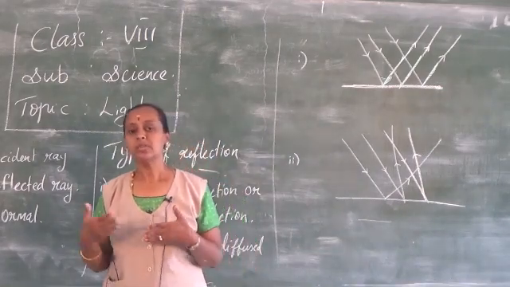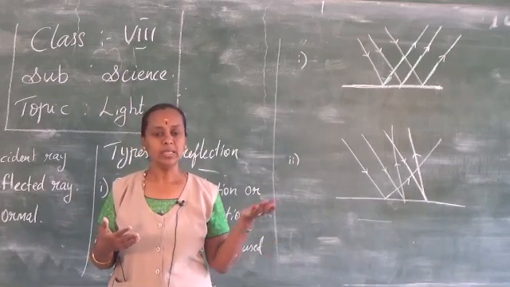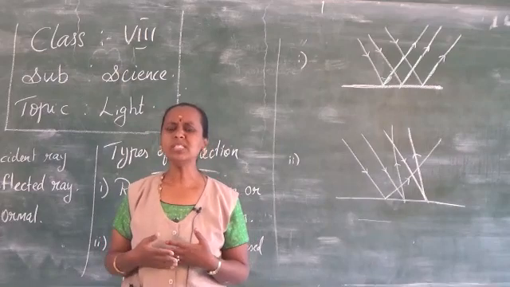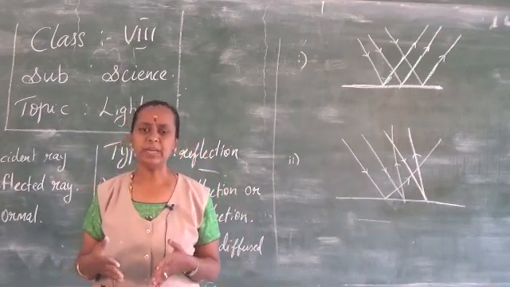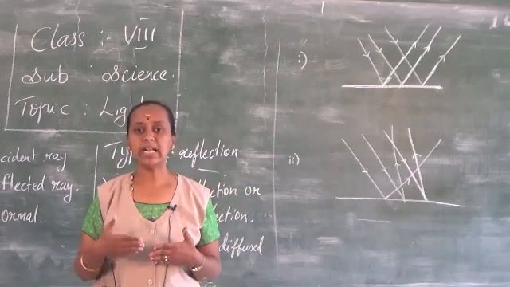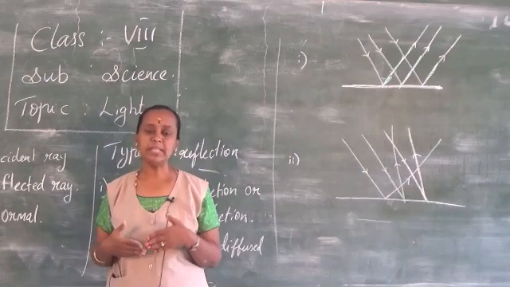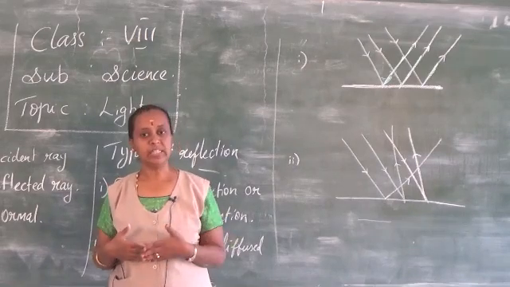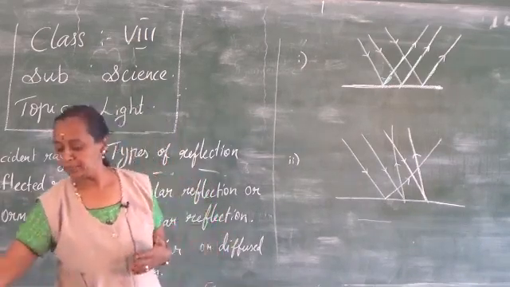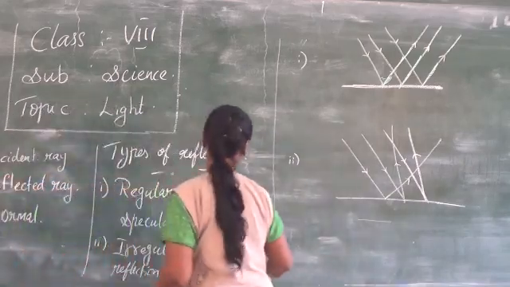I hope you can understand, as you have experienced this when you go to these places. Multiple reflection is nothing but the number of images formed when two or more mirrors are inclined at an angle. The number of images formed depends upon the angle of inclination. I'll write the heading so that it is easy to make a note.